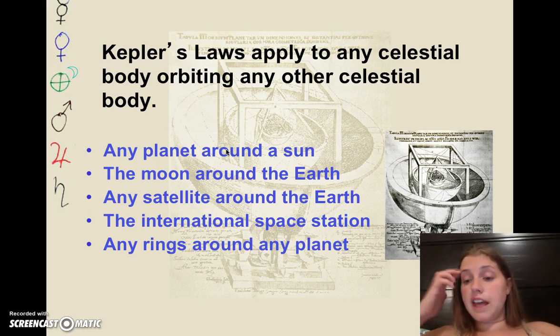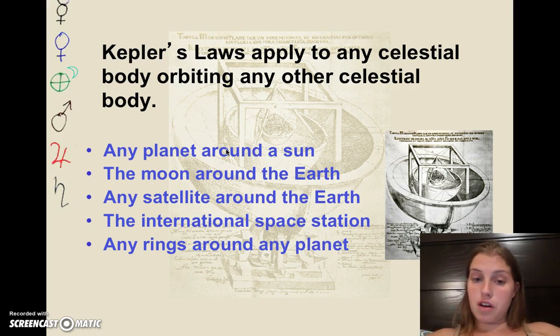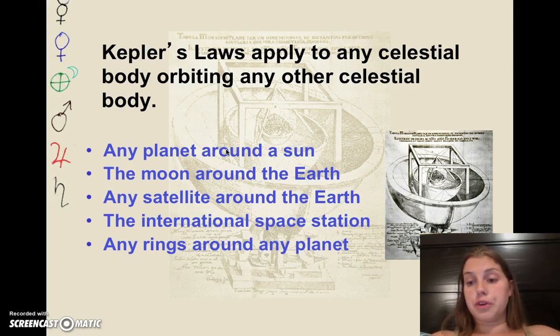So we could calculate how long it would take the moon to orbit the earth using this same equation, and Kepler was able to do that too. That's how we now know that it takes the moon 28 point something days to travel around the earth one time, and that's how we know the year length of every single planet, including our own, obviously.